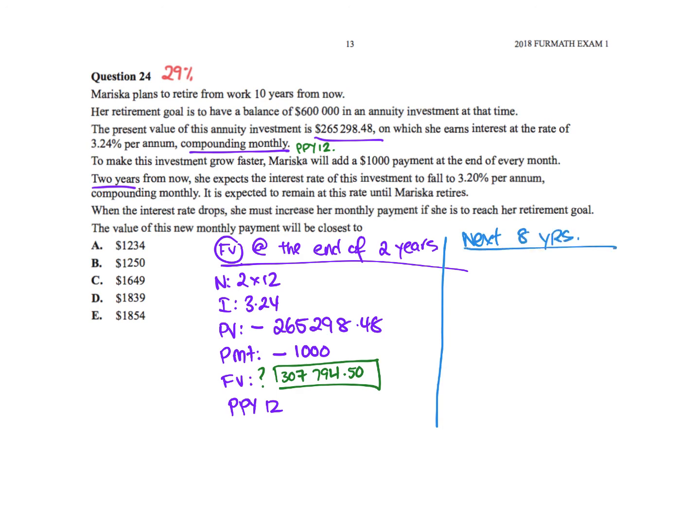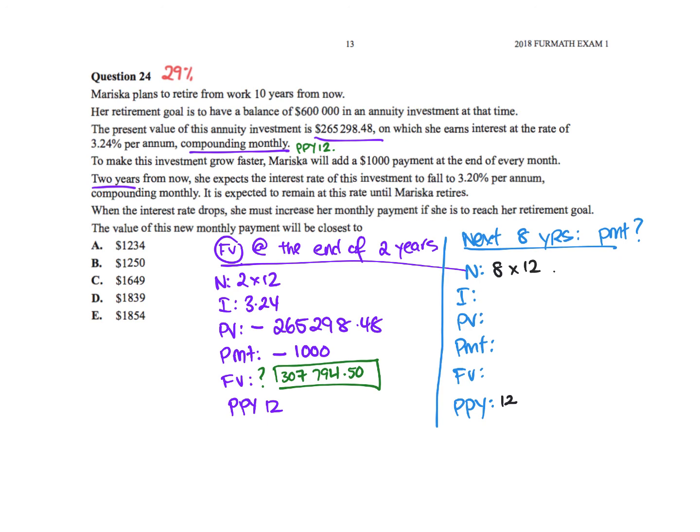And they're saying the payment is the question. So if you quickly wrote out all your things here, the things that haven't changed: PPY is 12. Now it will be 8 years from now, so N is 8 times 12.